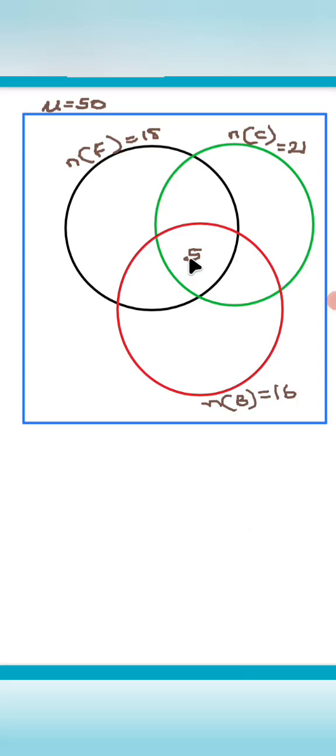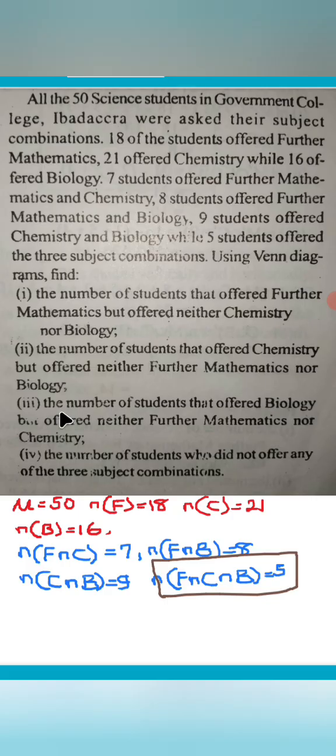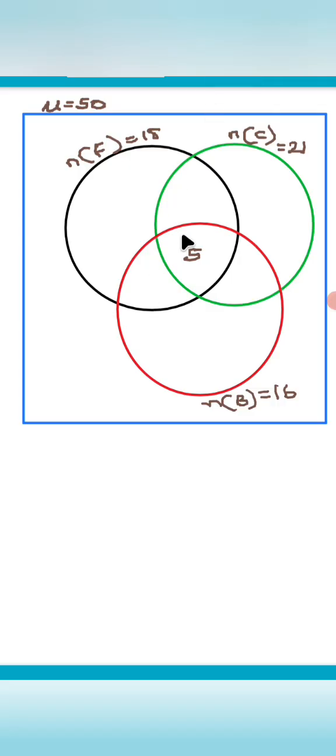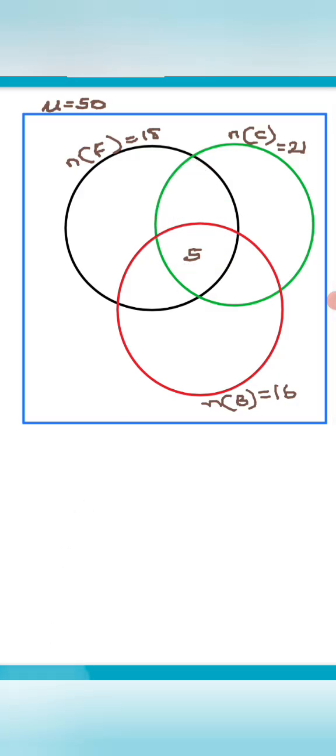Then, if 5 is in the middle, next are the two intersections. Further mathematics intersection chemistry is 7. What does this 7 mean? This 7 means all this portion right here, which includes that 5.